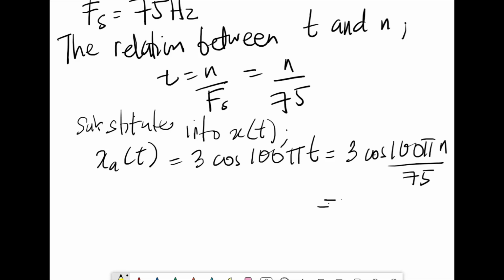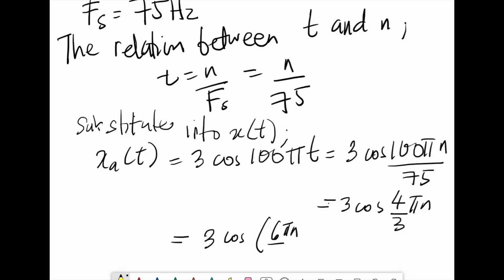so this gives you 3 cos 4 pi over 3 n. Now you look at the side. This can be easily written as 3 cos 6 pi n over 3 minus 2 pi n over 3.